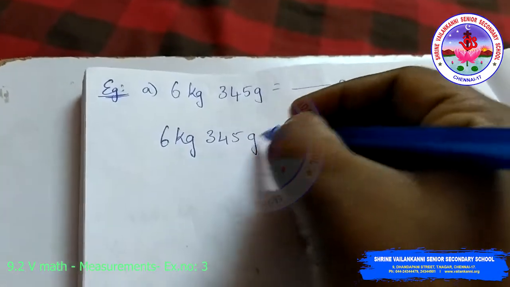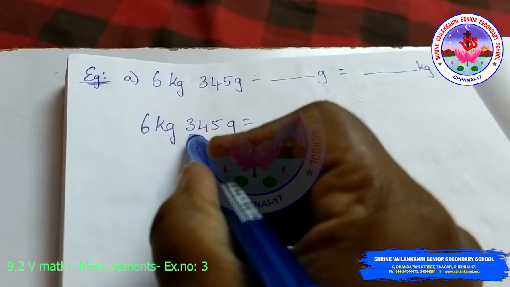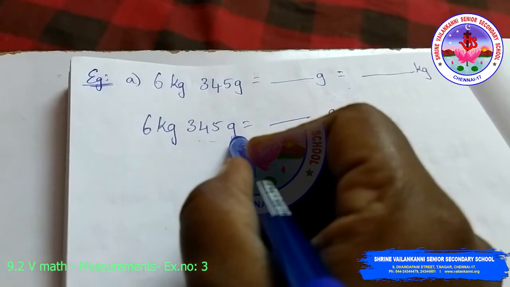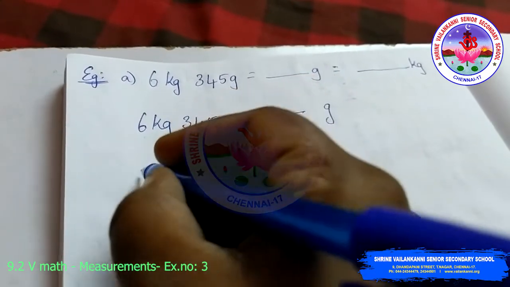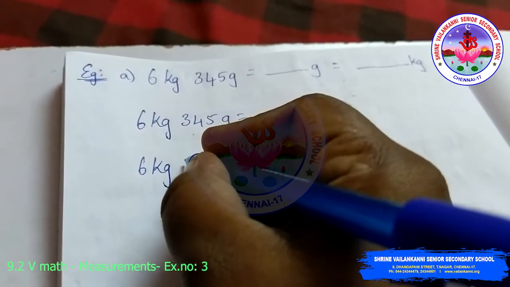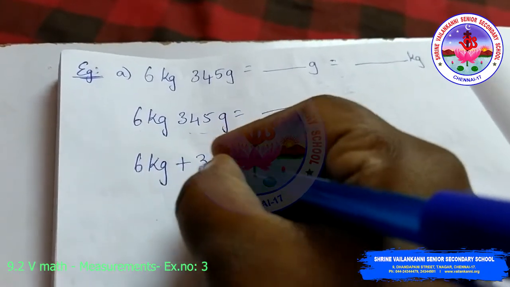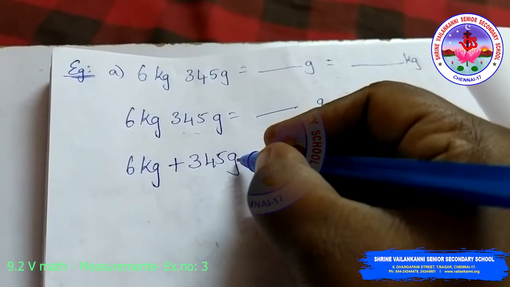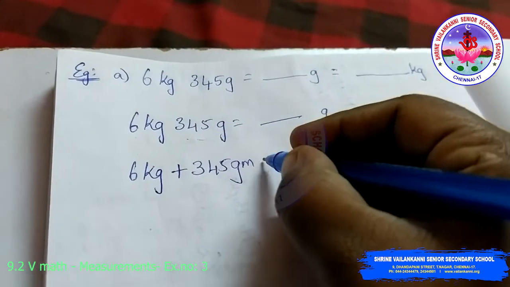Here 345 is already in gram, so I am not going to convert this part. I am going to convert only the kilogram. So first I'll split it: 6 kg plus 345 gram. Gram can be written as g or gm also.